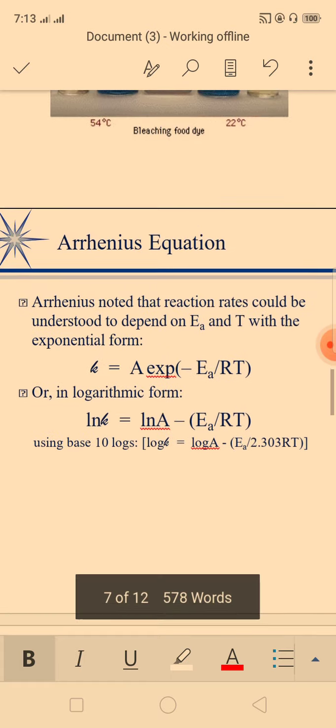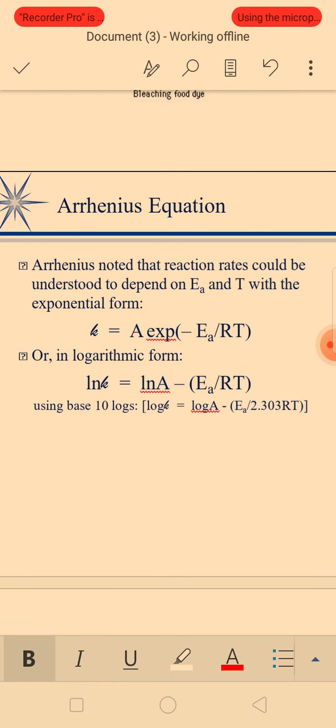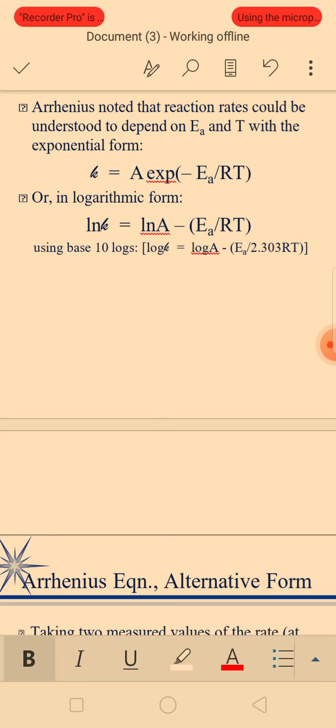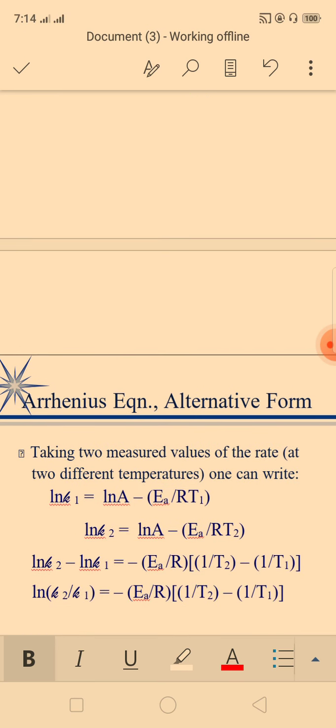On the basis of this equation, if we change the natural log into the common log, we multiply by the factor 2.303. The equation becomes log k equals log A minus energy of activation divided by 2.303 RT. This equation can be used to calculate the energy of activation.